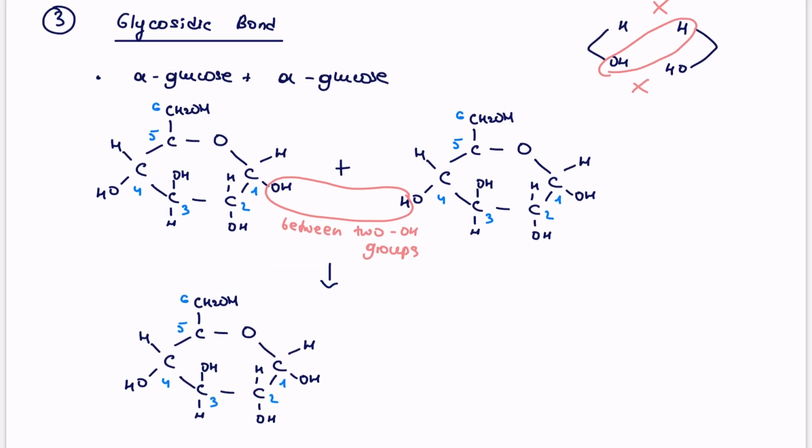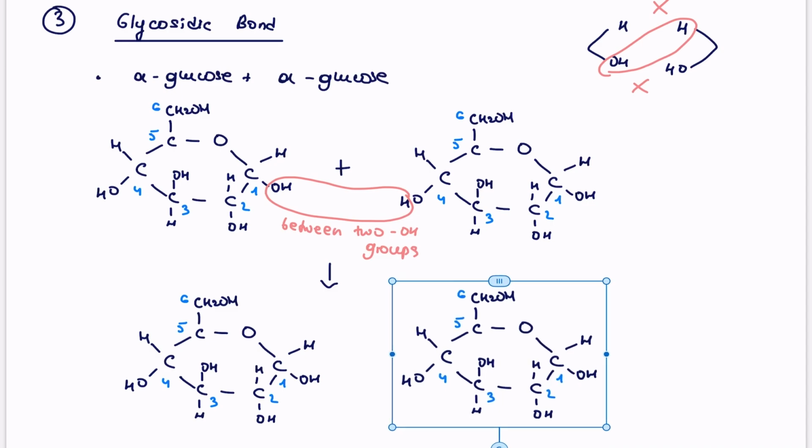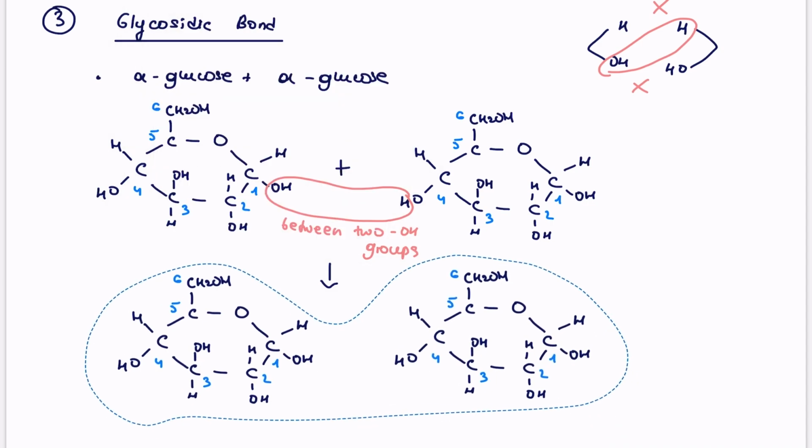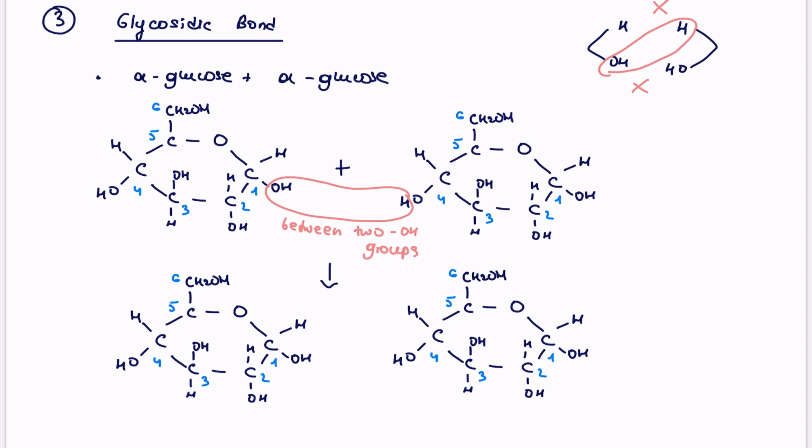Regardless of the orientation, whether it's alpha or beta glucose, the water molecule is always formed between the two OH groups. If we now copy those two molecules down together, I'm going to bring the two alpha glucose molecules and show how the glycosidic bond is formed.